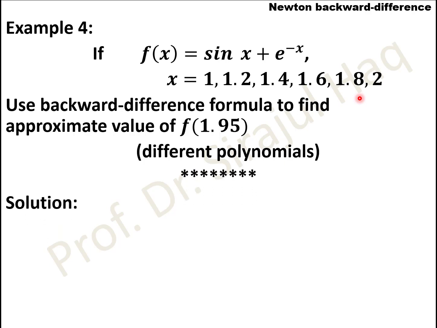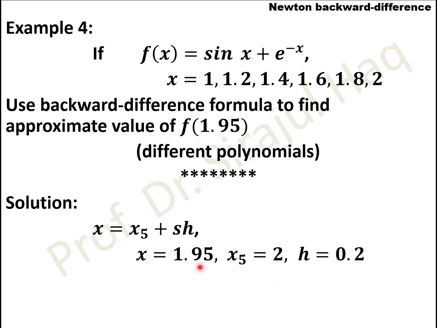Now let's identify the unknowns in the formula. This is the value of x. The value of x5 is 2. So x is equal to xn plus s into h. Again, for the backward formula, s will be negative.